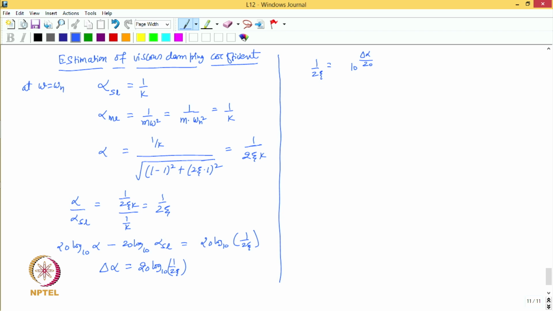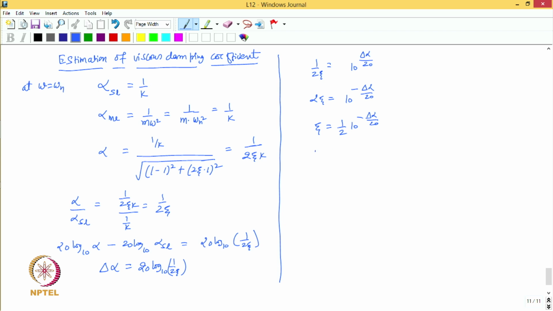And if I take the reciprocal, then that becomes 10 to the power minus delta alpha upon 20. Therefore, zeta is equal to 1 upon 2 times 10 to the power minus delta alpha upon 20.